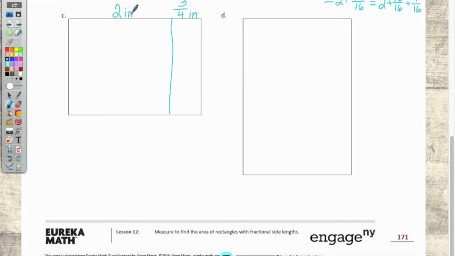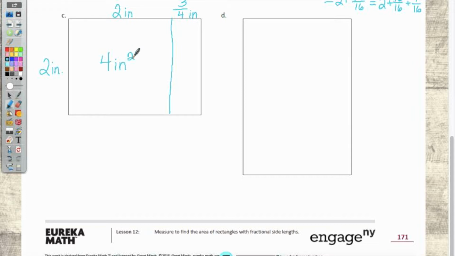Vaughn, what'd you get for the width? 2. Oh, that's going to make life simpler. So one less fraction to deal with, correct? Vaughn, you go ahead and help me out here. 2 times 2. 4. Inches squared.